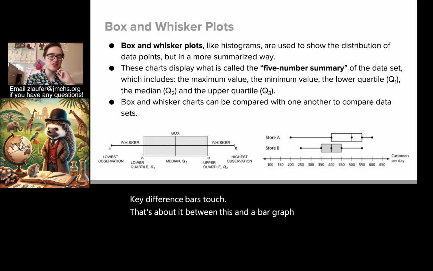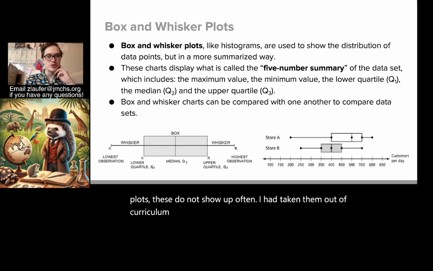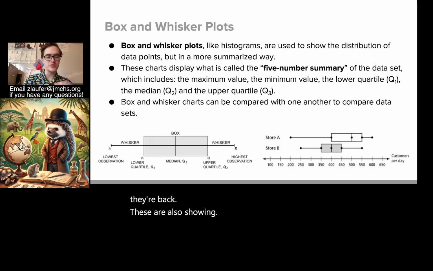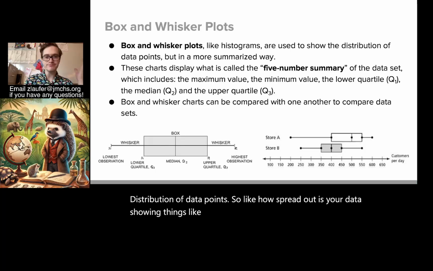Next, box and whisker plots. These do not show up often. I had taken them out of curriculum, but then they showed up on a single question, so they're back. These are also showing distribution of data points, so like how spread out is your data, showing things like your standard deviation.